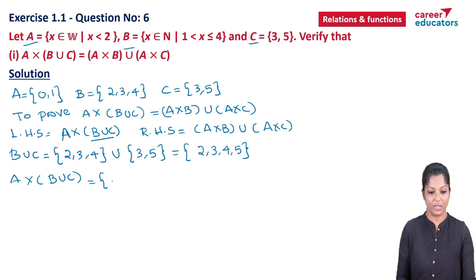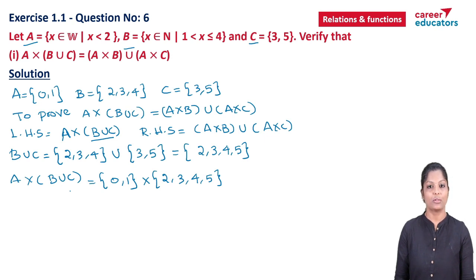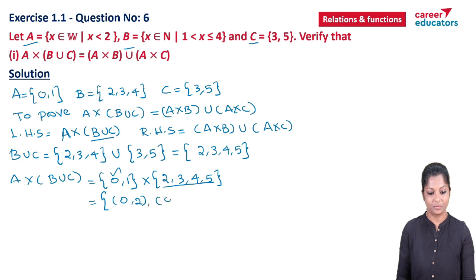Next, we have to find A cross B union C. Write all the elements of A {0, 1} cross, write all the elements of B union C {2, 3, 4, 5}. To find A cross B union C, we have to pair all the elements of A with all the elements of B union C. We take the first element of A and pair with all the elements of B union C. We will get (0,2), (0,3), (0,4), (0,5). Likewise, we do it for the remaining element 1.